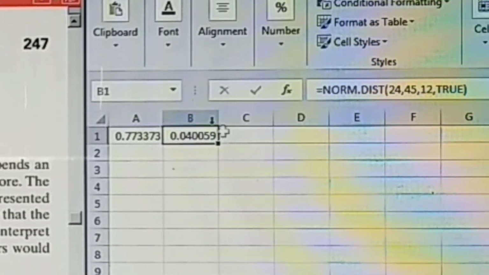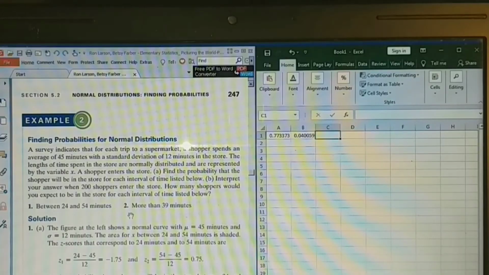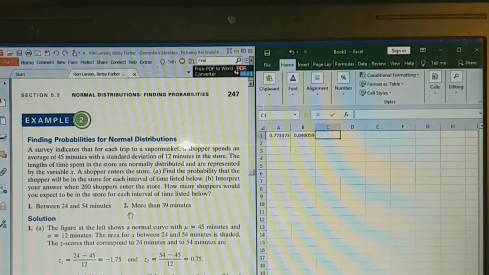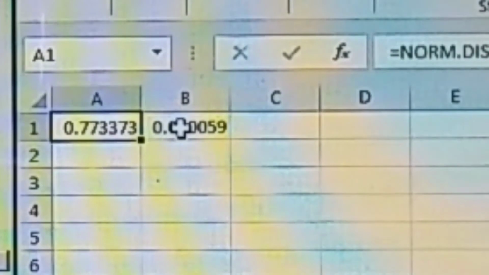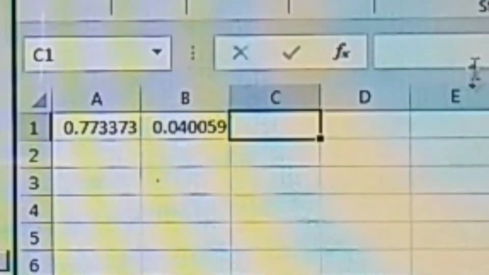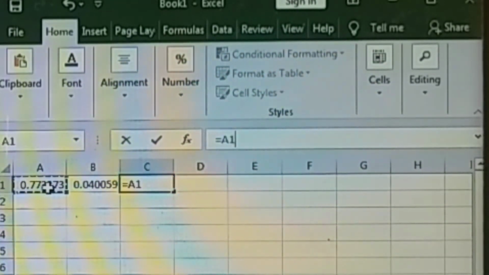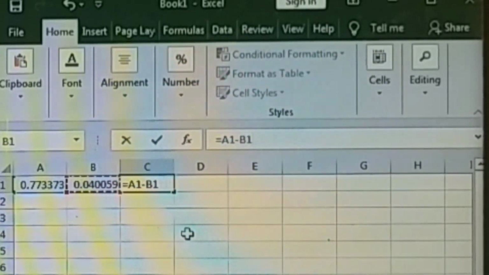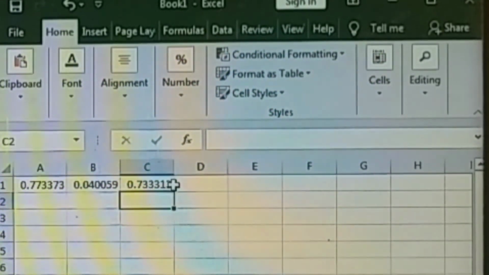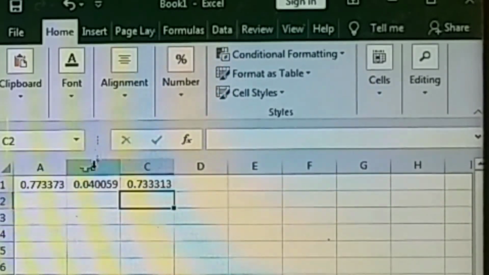Okay, so this is now the probability that x is less than 24. Now to find the probability that x is between 24 to 54, we can subtract this to this. So in Excel we press equals, and then we put this, then minus this, and then you press enter. So you will have our answer.